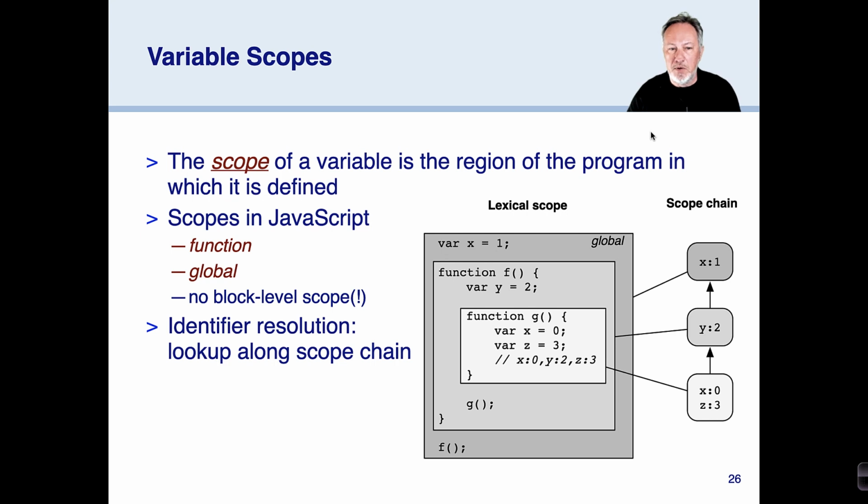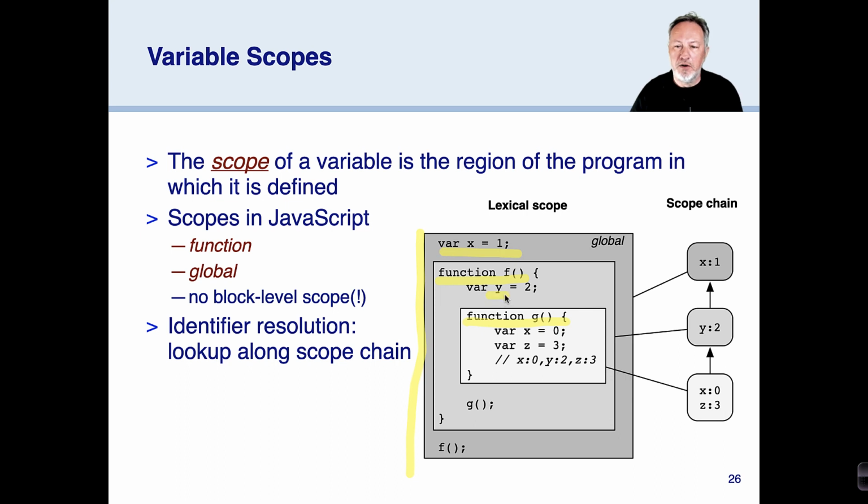In JavaScript, there are essentially just two scopes. One is function scope and the other is a global scope. We do not in JavaScript have block level scopes like we have in most other languages like Java. Here we have some JavaScript code where we have a global variable x, we have a function defined called f, and within f there's a nested function g.